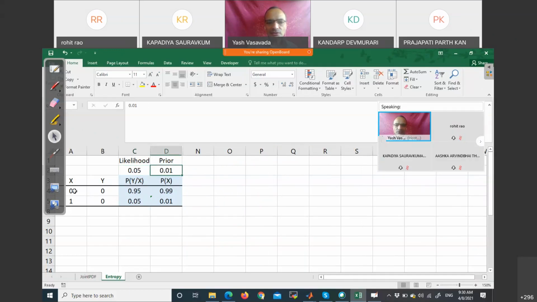And so these are the values that are given to us. X equal to 0, the probability is 99%, X equal to 1, probability is 1%. When X is equal to 0, what is the probability that the test comes out positive? 95%. When X is equal to 1, what is the probability that the test still comes out negative? It's only 5%. So this is exactly the problem that we were looking at.